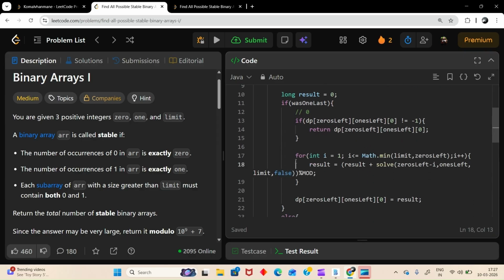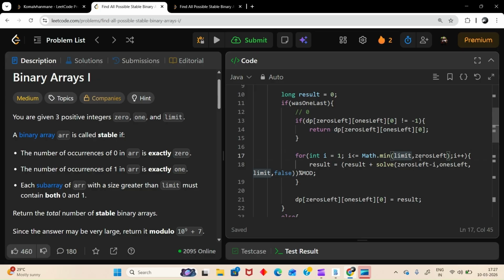We have to understand this properly, because we are going to optimize it. So we should understand what exactly we are doing here: from 1 to limit.